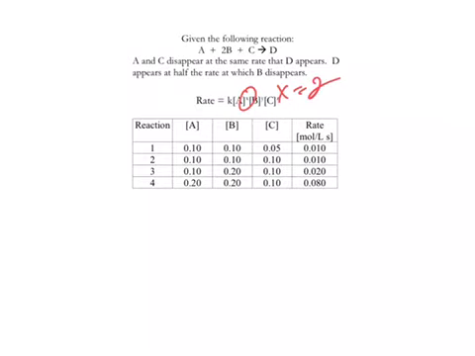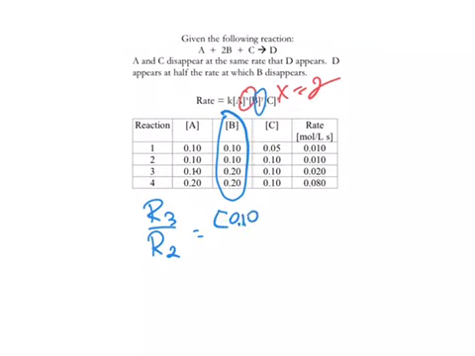Now we're going to go after the value of y. So we're going to do the same process. Now I want to concentrate on choosing reactions that only change B. So if you look at this, I take rate 3 and divide that by rate 2. Because I'm doing 3 and 2, I've got 0.10, which is my concentration of A, and we know that's second order, so that's going to get squared.